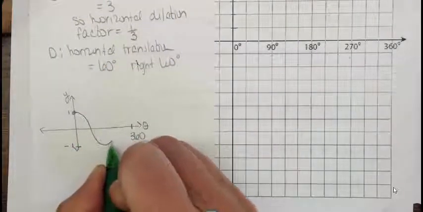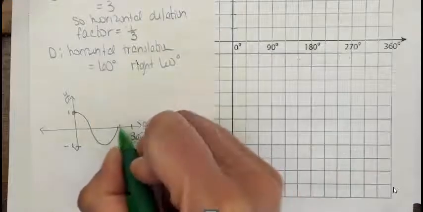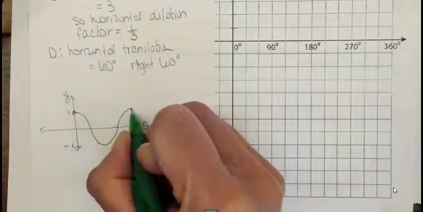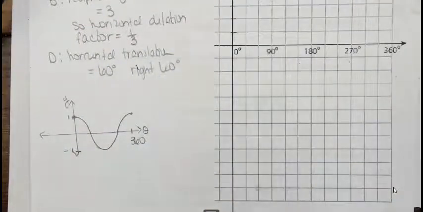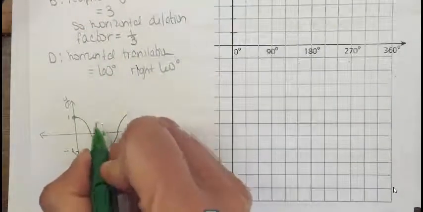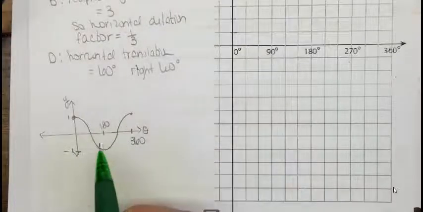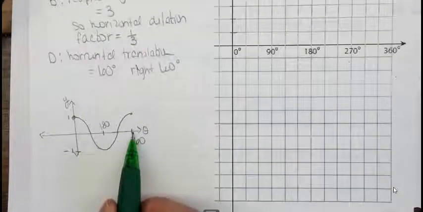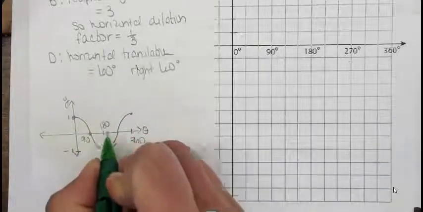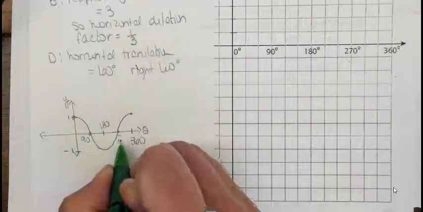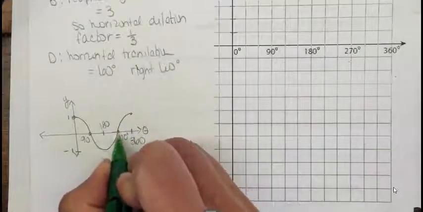I do another quarter and I get up to my midline again, and another quarter and I get up to my highest point, which is 360. Okay, and this is the midway, so this is 180. So again, I've taken this period of 360 degrees and divided it up into quarters, right? So this would be at 90 degrees, this is 180, this would be at 270 degrees.